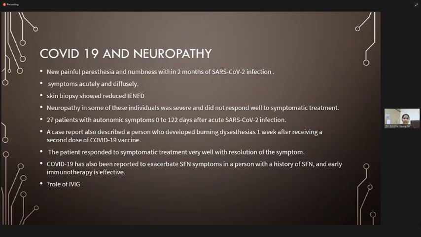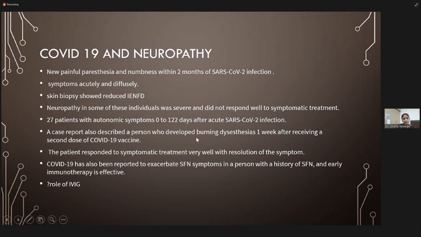Being in the COVID era, I think COVID has got all the manifestations related to neurological syndromes. Similarly in small fiber neuropathy also, there are several reports of small fiber neuropathy after 2 months of COVID infection. The symptoms were very acute and skin biopsy documented the decrease in the intraepidermal nerve fiber density. This COVID infection associated small fiber neuropathy did not respond well to symptomatic treatment.